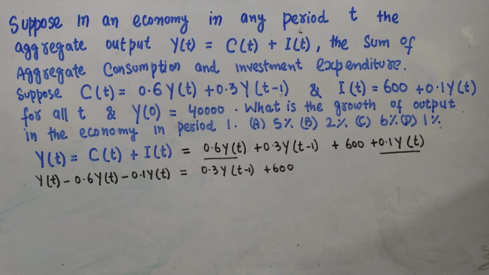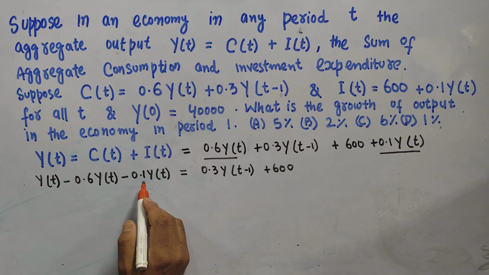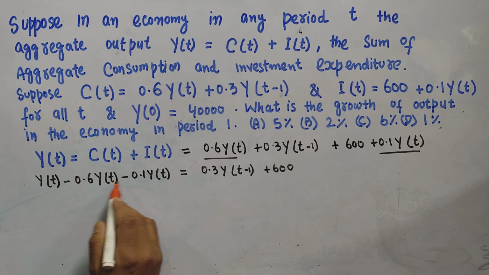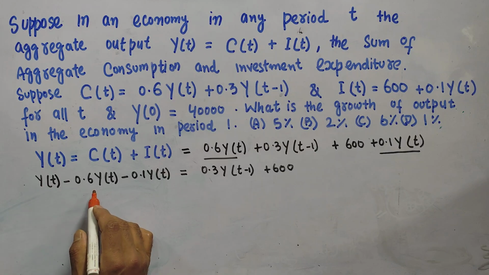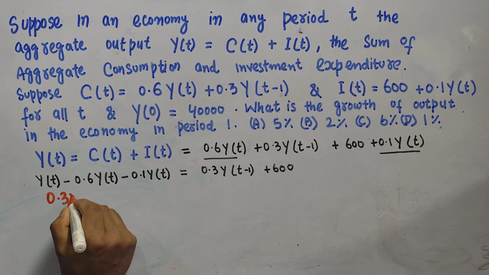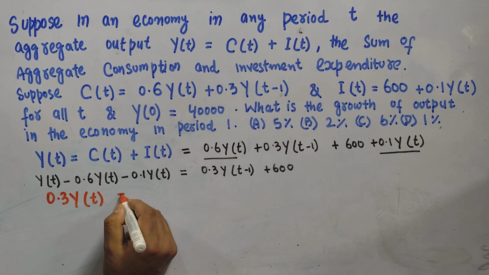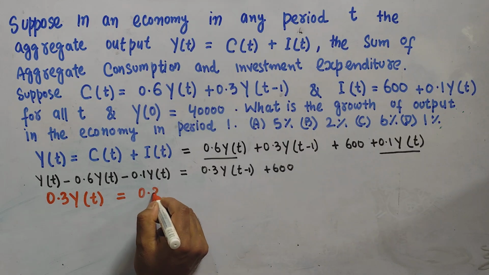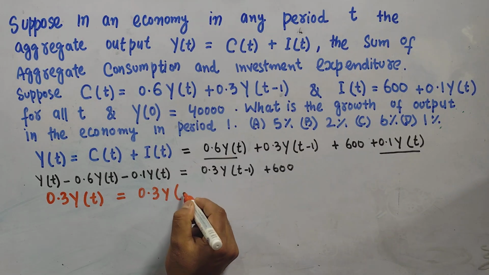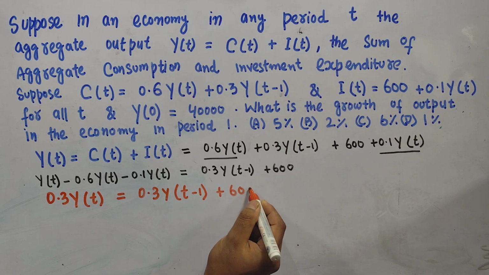Now yt minus 0.6 minus 0.1, so it is 0.7 yt, so yt minus 0.7 yt will be 0.3 yt, and it will be equal to 0.3 yt minus 1 plus 600.